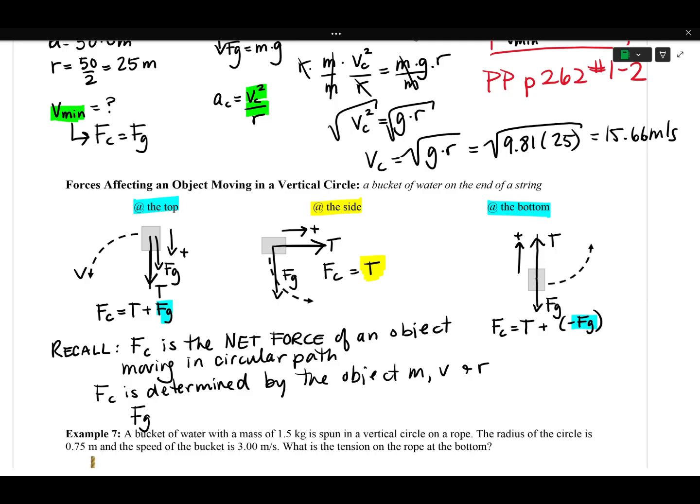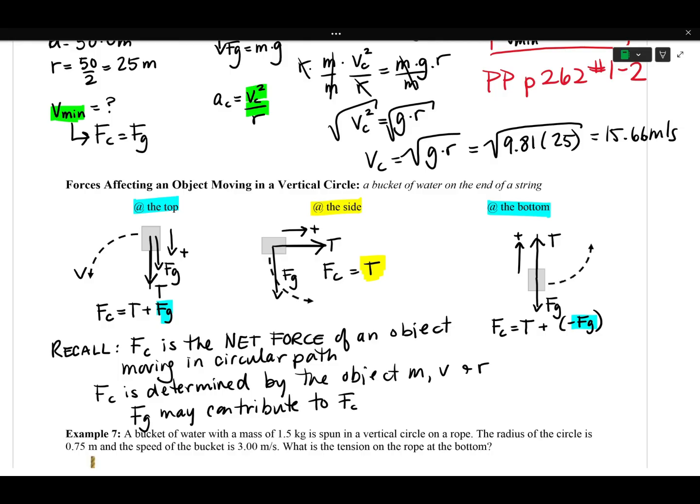Okay. Fg may contribute to centripetal force. So when you're in a vertical system, it'll be at the top and at the bottom of that circular motion. If you're on a horizontal, then it will never affect it because it's pulling down and you're moving in that horizontal plane. So you have to draw that free body diagram to show which forces are acting towards the center, in the plane that moves to the center.